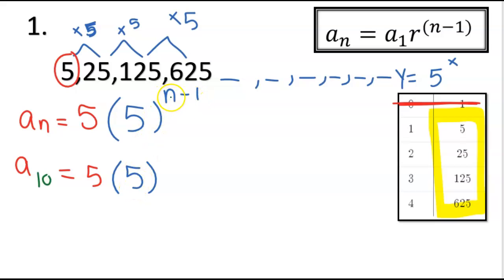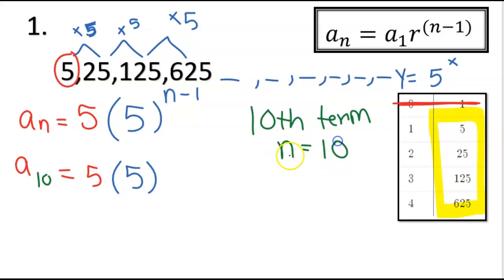N is the number. If I want to find the 10th term, n is equal to 10. But this doesn't say 10, this says n minus 1. What's 10 minus 1? This is always minus 1.